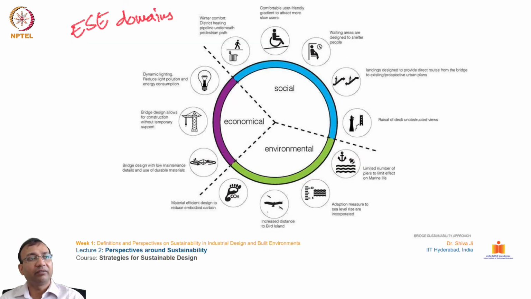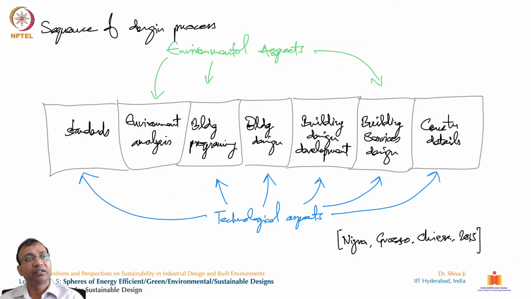There are various domains inside these aspects, and we will discuss them in the coming lectures. You can see how environmental aspects are integrated and how technological aspects are interrelated; they are all connected with each other.